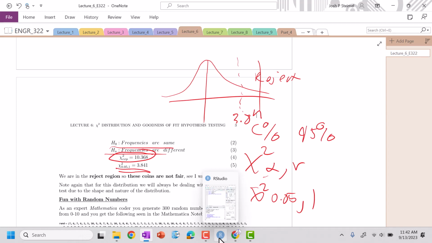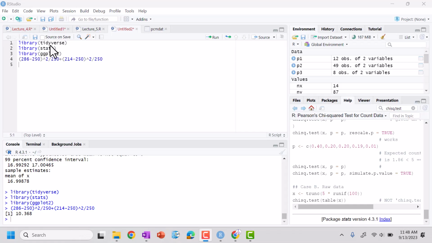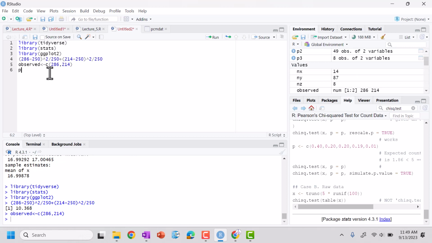But we've got another way to test, and let's introduce that now. Let's create a list. Let's call this observed, and observed was a list with 286 and 214, and let's make sure we have this consistent. Then predicted, 250, 250, good.